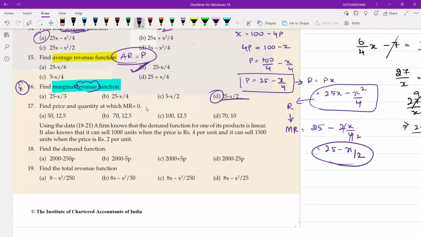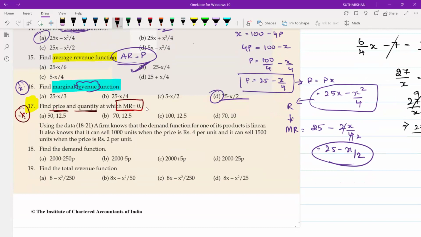Then the 17th one, an interesting and important question you may expect in this examination. Find the price and the quantity at which MR equals 0. They are asking price and quantity at which MR is equal to 0.